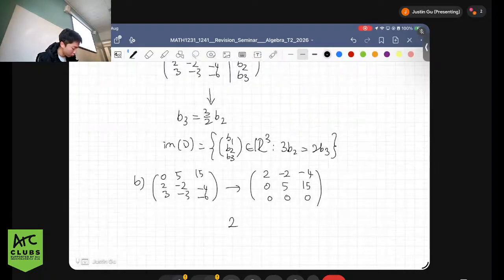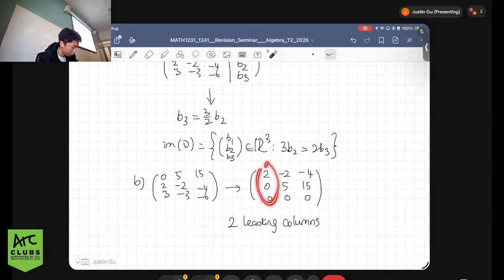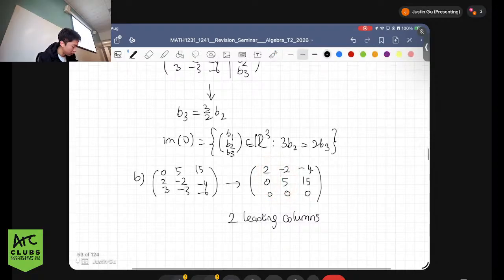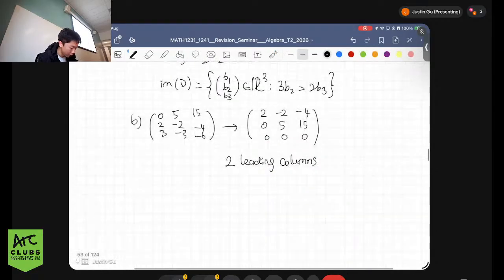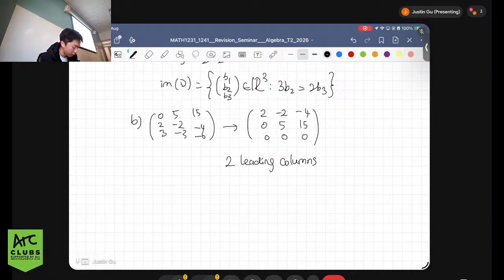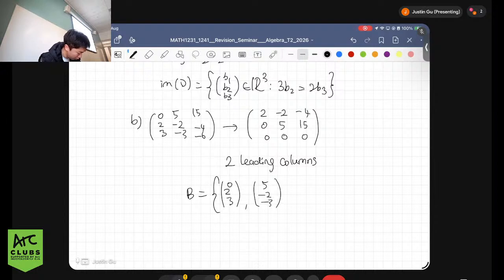What you know is that there are 2 leading columns, the first 2. Those are our 2 linearly independent vectors. So we write that the basis is 0, 2, 3, and 5, minus 2, minus 3.